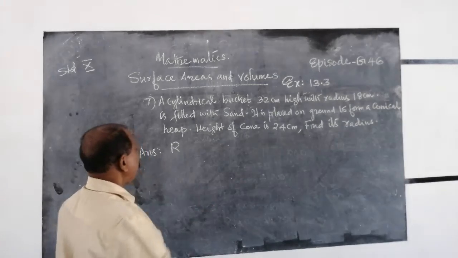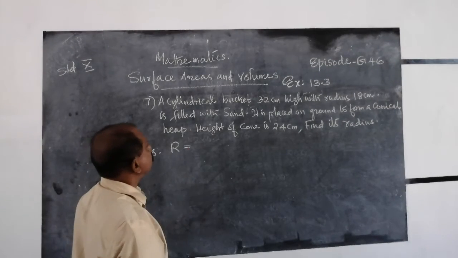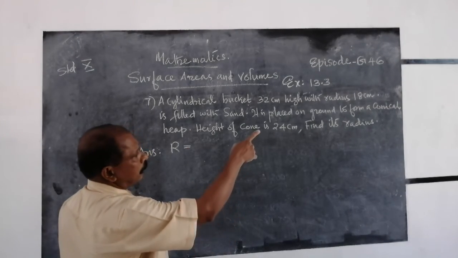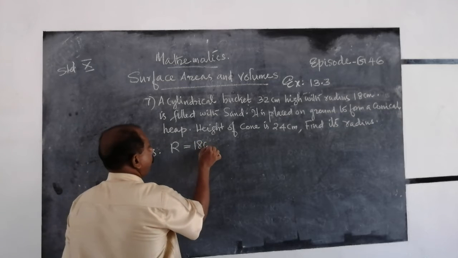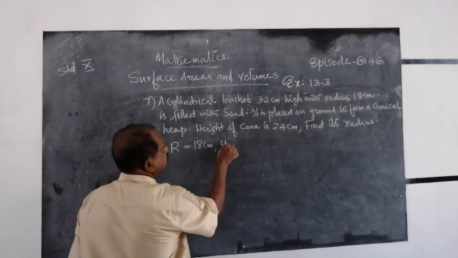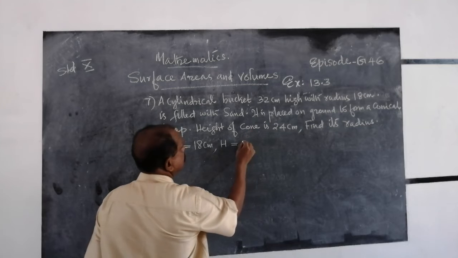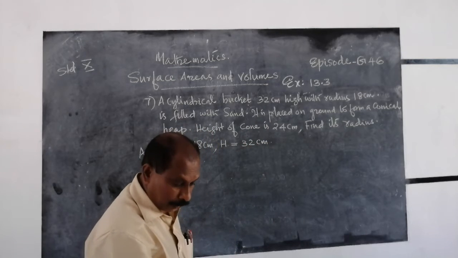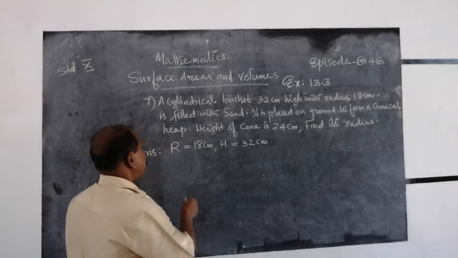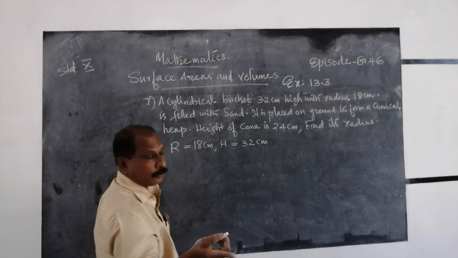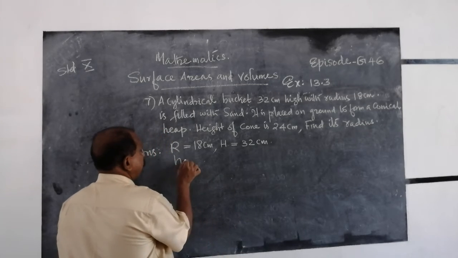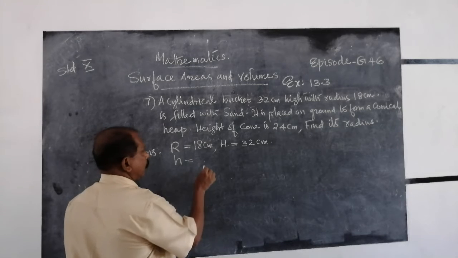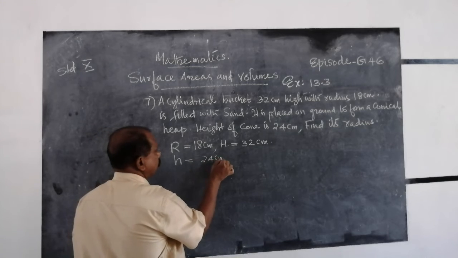Capital R, what is it? 18 centimeter. Capital H, similar to what? 32 centimeter. That is the height and radius of the cylinder. Then we can find out the small r and the height of that cone is equal to 24 centimeter.